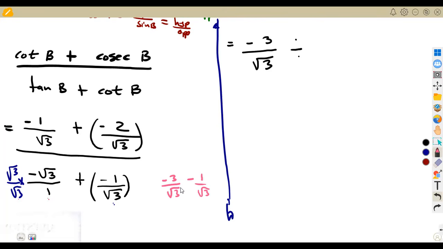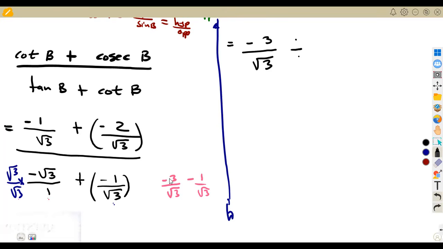Remember, what we wanted is to have the square root of 3 on this side so that the denominators are the same. So what we simply did was multiply by the square root of 3 over the square root of 3. Once the denominators are the same, we are back to the previous condition: just combine your numerators together, minus 3, minus 1.